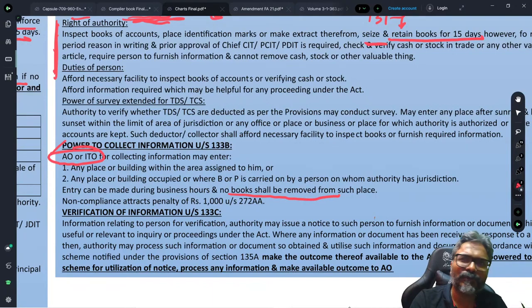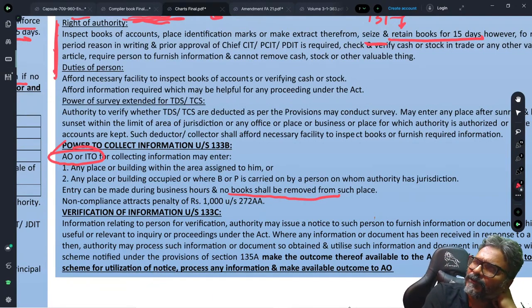One of the ways to identify, students, is this: you have to see in the question if they have mentioned the word survey. If they have mentioned the word survey, then it will be a question of section 133A.